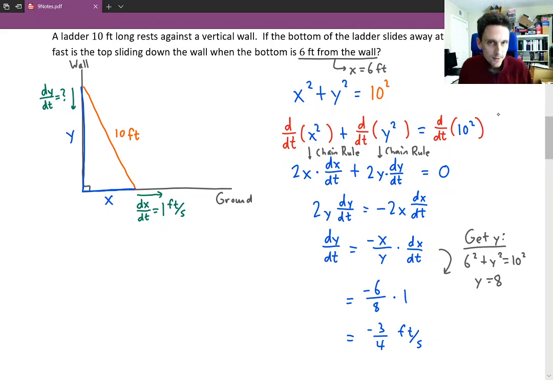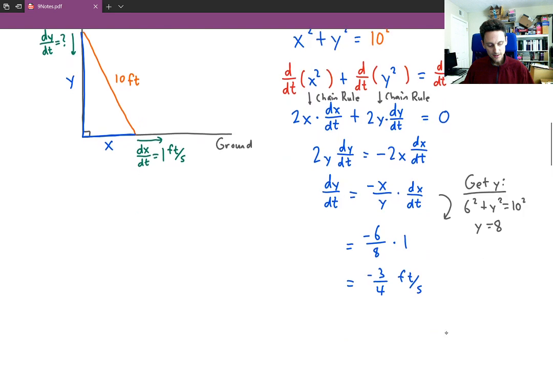Now the only last thing I would say is when we're answering this question, how fast is the top of the ladder sliding down the wall, we already have a sense of direction. It's saying how fast is it sliding down the wall. So we might not say negative 3/4 feet per second. We can just say it's sliding down the wall at a rate of 3/4 feet per second.